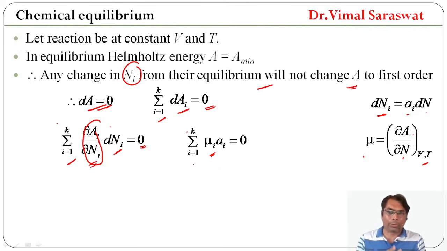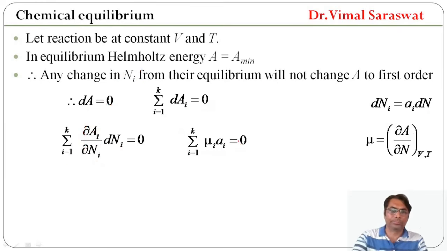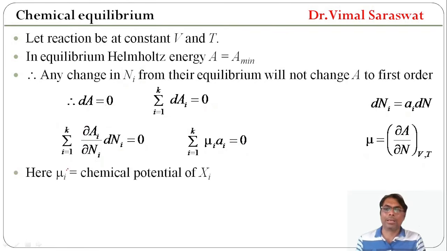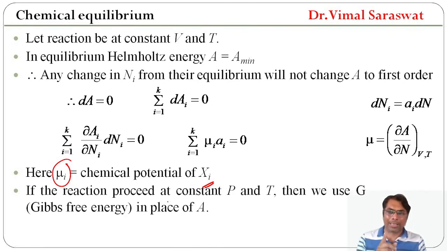So sigma i equal to 1 to k mu i ai dN equal to 0, and since dN is not equal to 0, so sigma i equal to 1 to k mu i ai equal to 0. Here mu i is the chemical potential of Xi. If the reaction proceeds at constant pressure and temperature, then we use G, that is Gibbs free energy, in place of A.